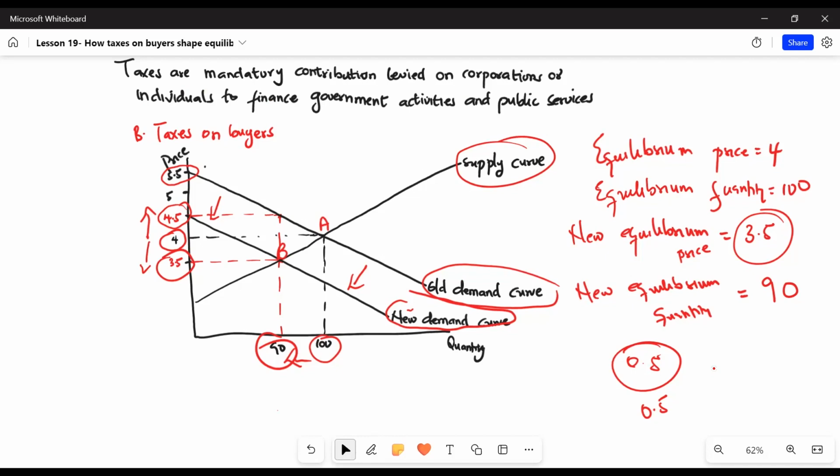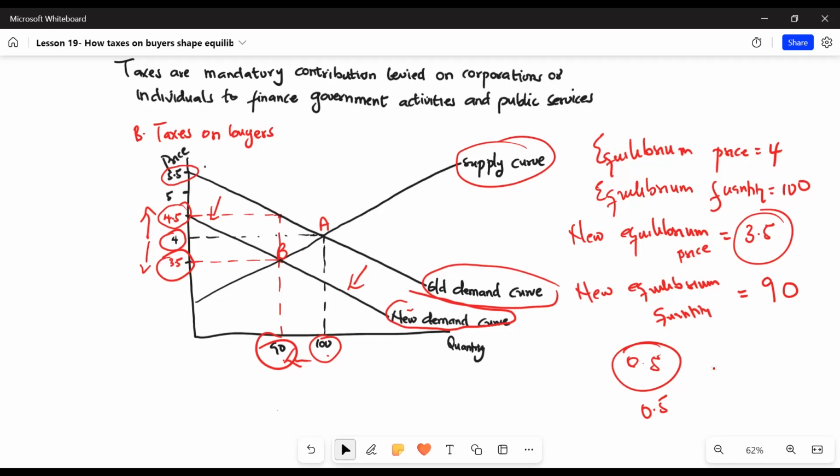Now, there are a few things to note about this curve. The first thing is the tax leads to a decline in quantity sold. So we can see that quantity sold reduces from 100 apples to 90 apples. The second thing to note about this curve is that the tax increases the price that buyers pay, but decreases the price that producers receive.